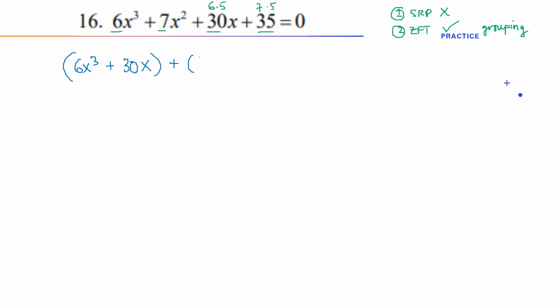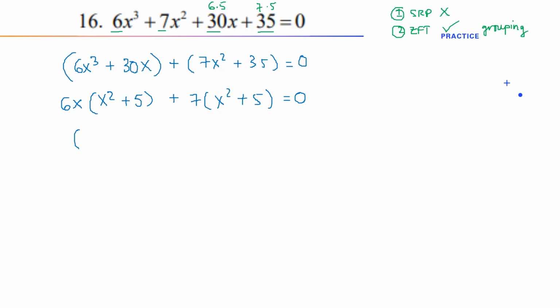The second group is 7x squared and 35. The first group we have 6x in common. We are left with x squared plus 5. The second group we have 7 in common, x squared plus 5 as well.